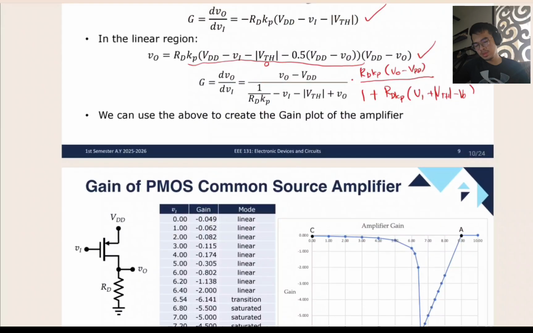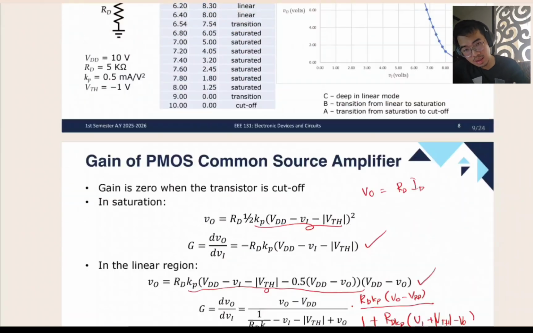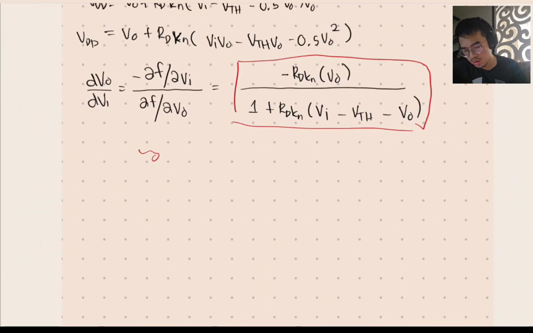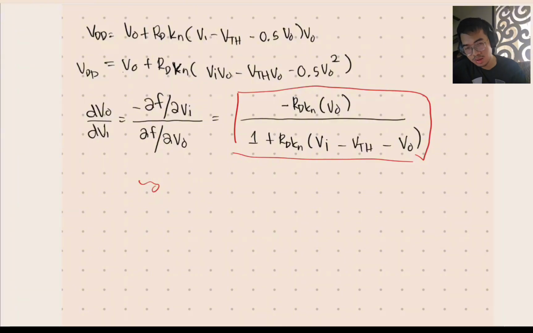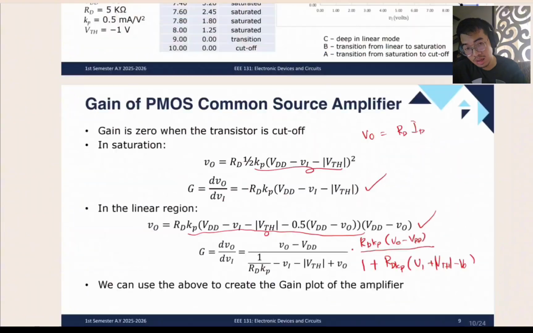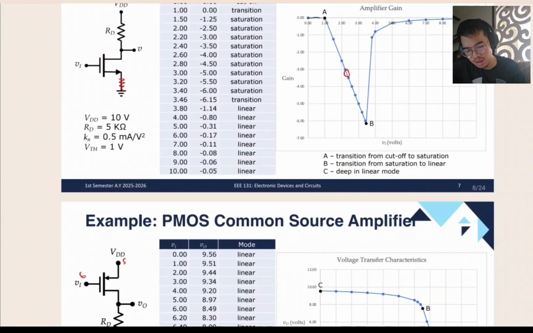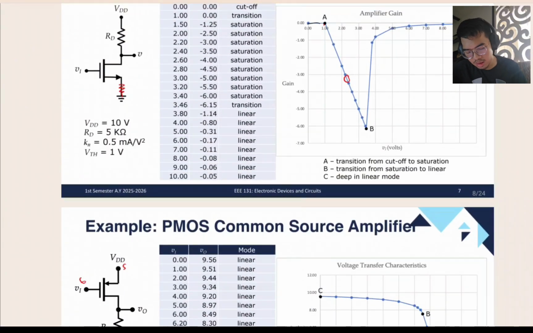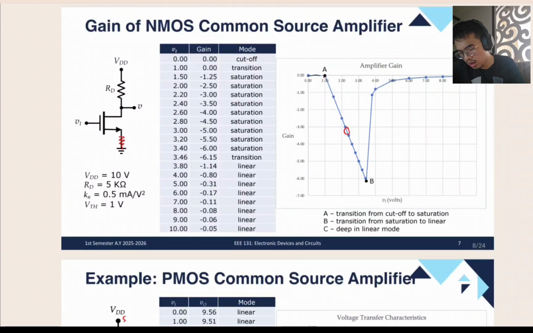Okay, so I'll leave you this as an exercise so that you can practice the shortcut that we've discussed. Again, the shortcut is just put all constants to the other side and get the partial derivative with respect to x and the partial derivative with respect to y, and you divide that. And then don't forget about the negative. But the thing that we need to take a look at here is that the characteristic of a common source is that its gain is actually negative.